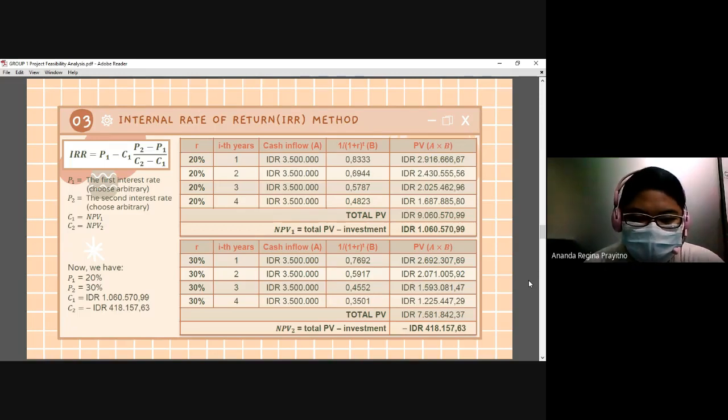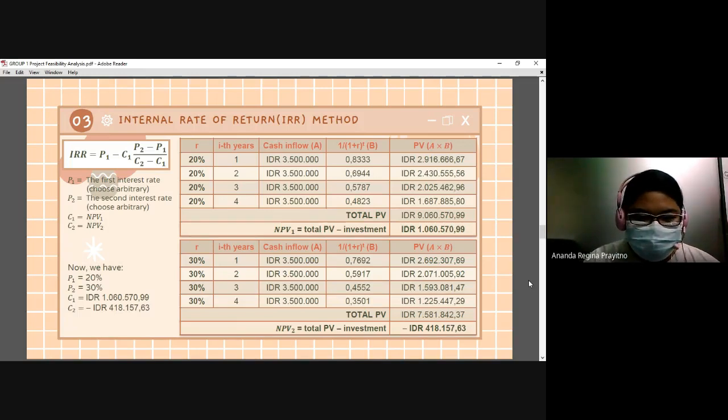We get the first NPV as 1,060,570.99 rupiah, and the second NPV is negative, 118,157.63 rupiah.